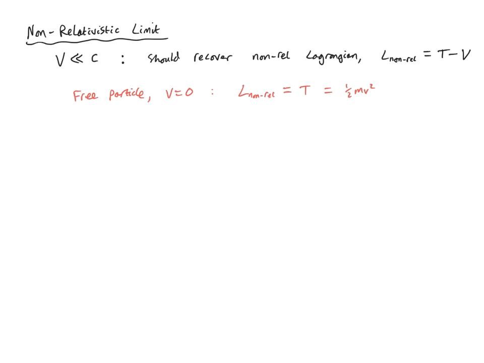So let's just simply take our guess, essentially, for the relativistic Lagrangian, which is some constant k times the square root of c squared minus v squared. And let's just show that this recovers the non-relativistic Lagrangian when v is much less than c.